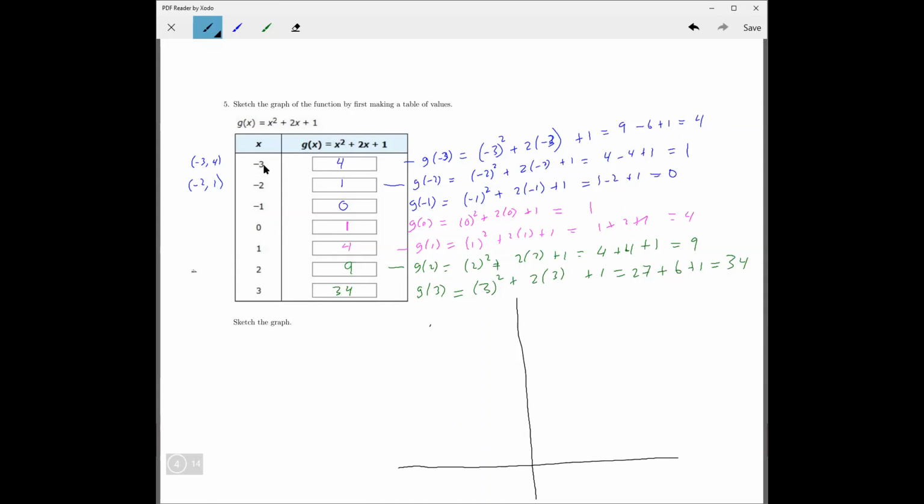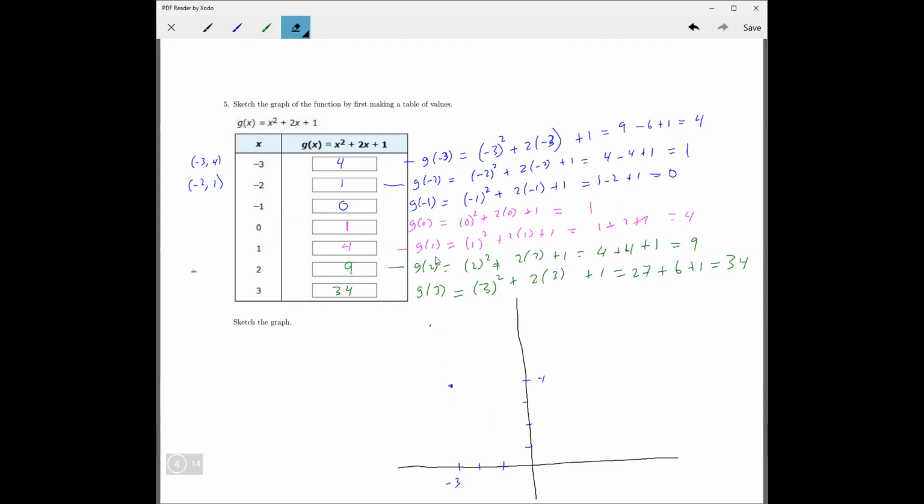Okay, so (-3, 4). There's -3, and there's 4. So we got that point right there, (-3, 4).